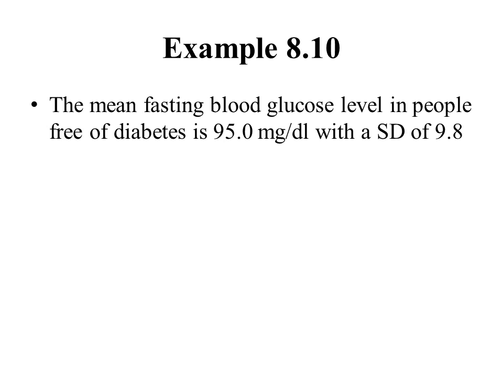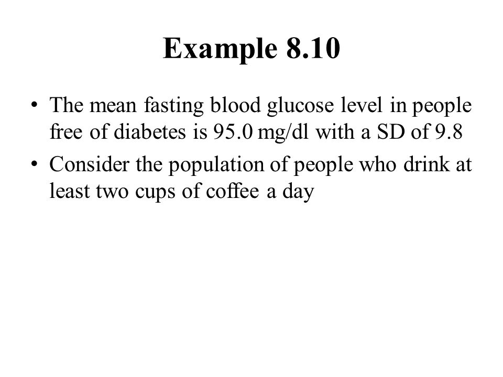To illustrate this, let's look at example 8.10 from the textbook. In this example, it says that the mean fasting blood glucose level in people free of diabetes is 95 milligrams per deciliter with a standard deviation of 9.8. Where this population mean of 95 and standard deviation of 9.8 come from isn't terribly important.